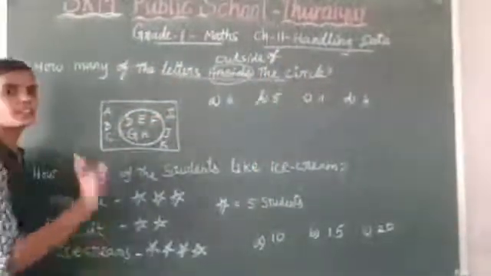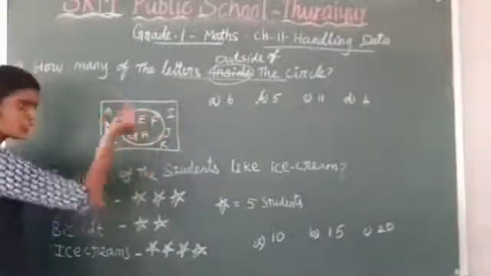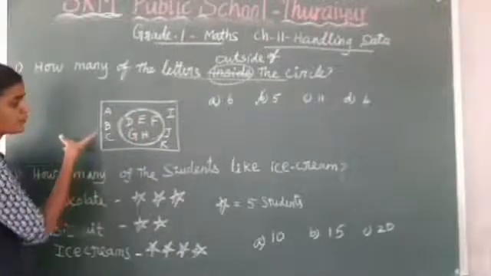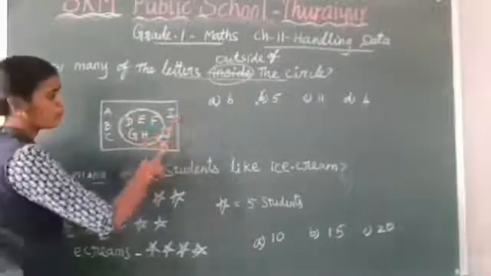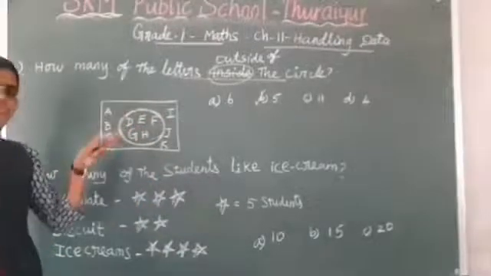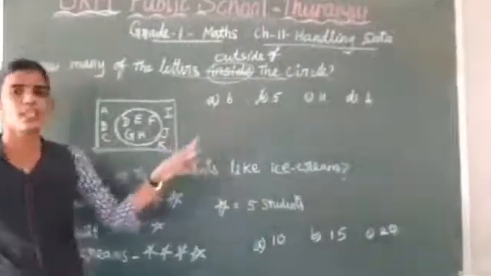That means which letters are we going to take? This is in, this is out. So outside, how many letters? 1, 2, 3, 4, 5, 6. 6 letters. So that means option A is the answer.